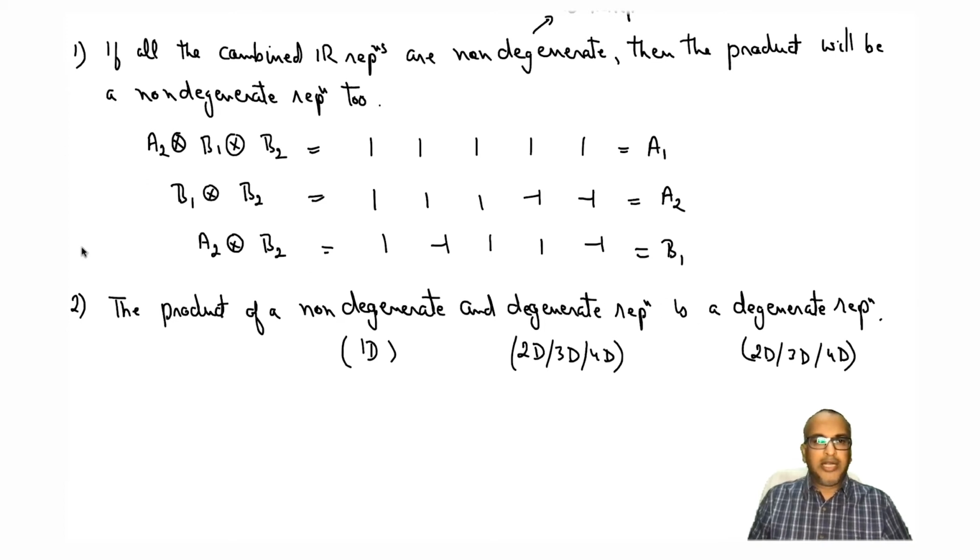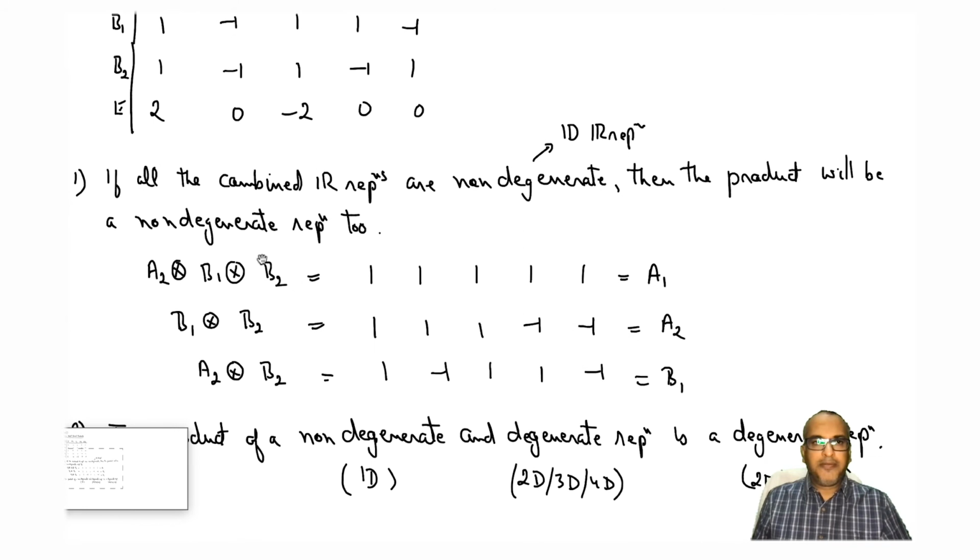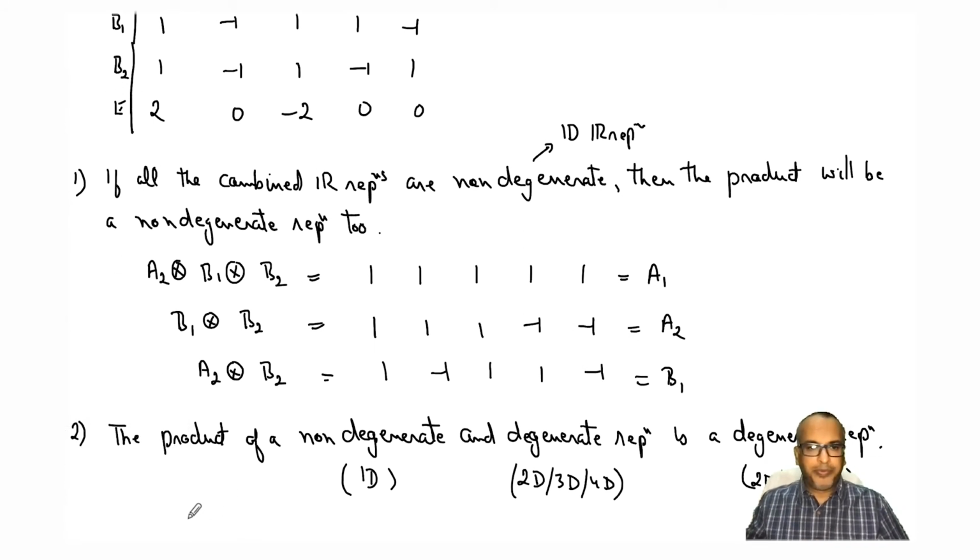Now again, let's take an example and see. So let's say if we do B2 into E. So what do we have? So 1 into 2, we have 2.